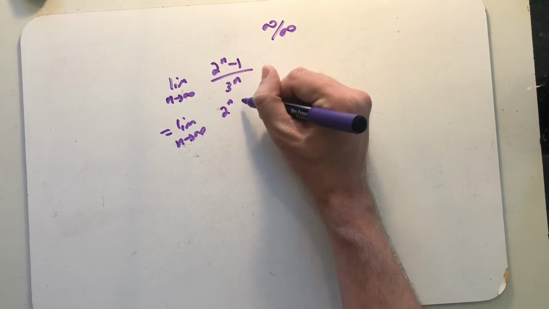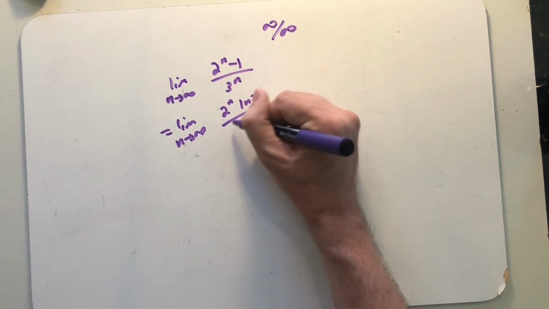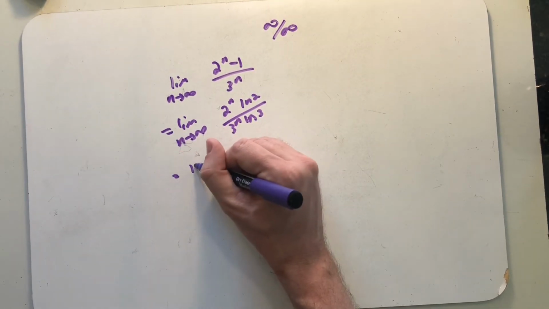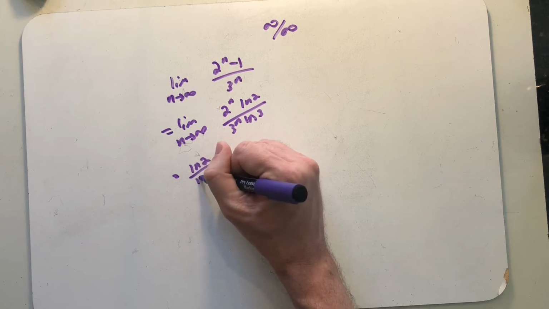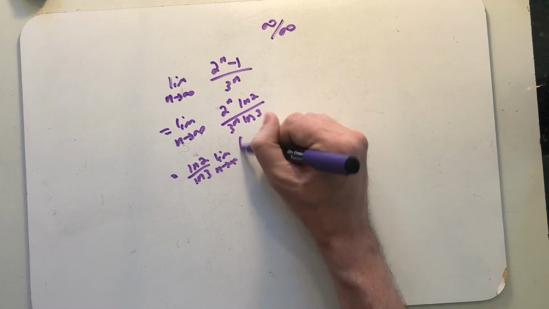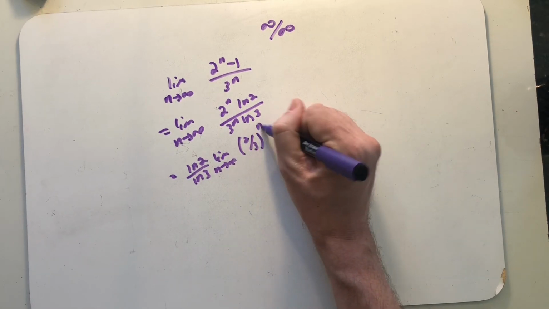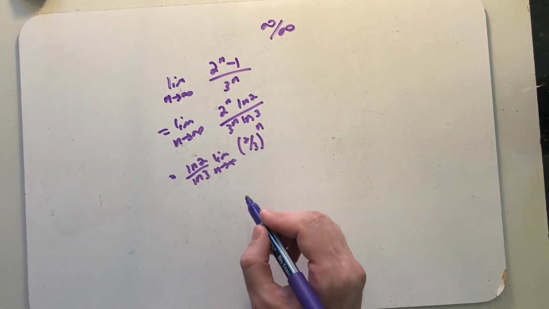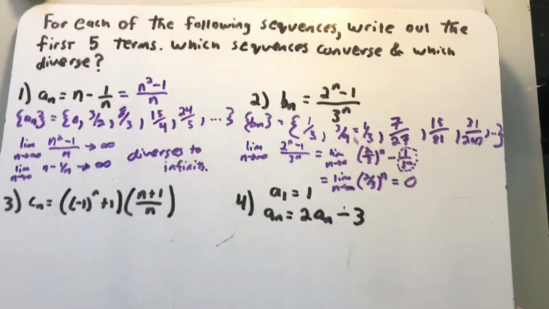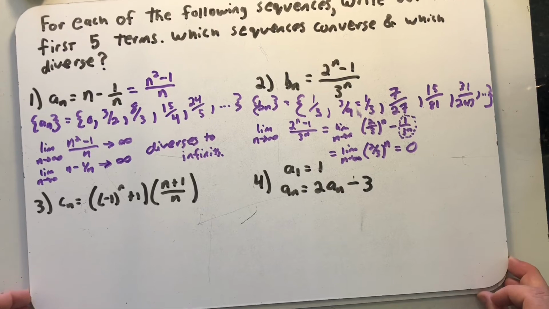So if I take the derivative of the top and the derivative of the bottom, I get here. Natural log of 2 and the natural log of 3 are constants, so I could pull those out front of the limit, leaving me with that 2/3 to the n. As n goes to infinity, that goes to 0. 0 times the number is 0. And there's another way of evaluating that limit.